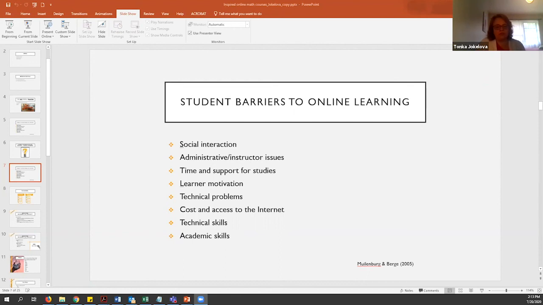Not everybody has good access to internet. There are families that have 1 computer and three students that have to share 1 computer and the time. So I'm assuming the cost and internet will go a little bit up. I'm assuming technical problems will go a little bit up because there will be newly online courses that were not online before. So there will be technical problems associated with that.